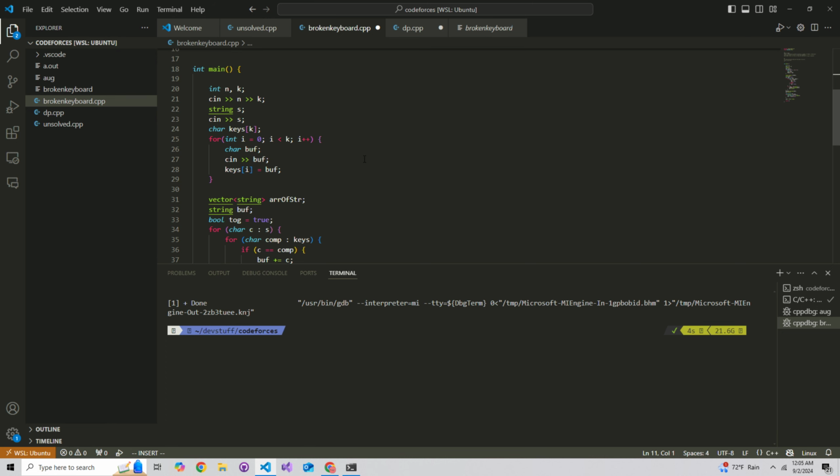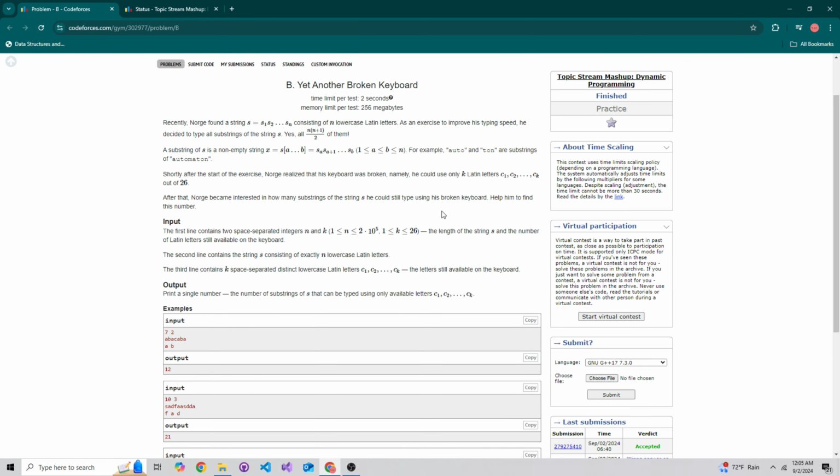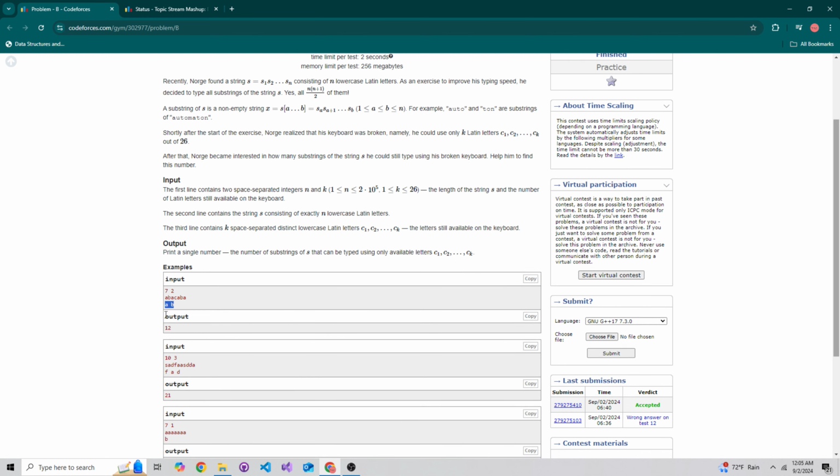But basically, the problem simply is you have a string of length n with k digits or keyboard keys that you're allowed to use, and they're defined down here, and you see how many substrings you can make with just those two keyboard keys, and it gives you the formula up here. So that's the hard part out of the way.